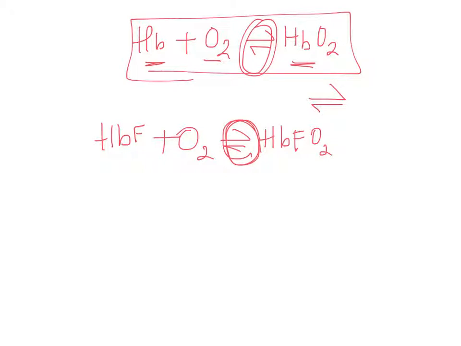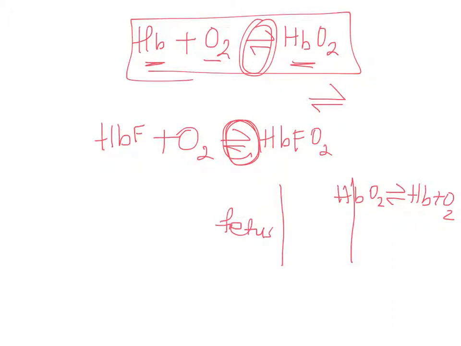So the way this works is essentially at the placenta, the adult hemoglobin comes in with the oxygen and it unloads the oxygen. So here is my fetus, and here is mom. And the fetal hemoglobin will then pick up that oxygen, the oxygen that was unloaded, and HbFO2 will be obtained, and then it is going to carry it into the fetus, and that's where it's going to unload it.